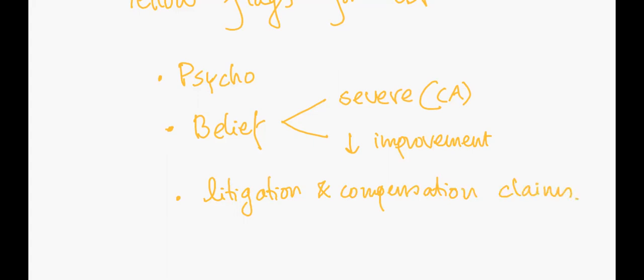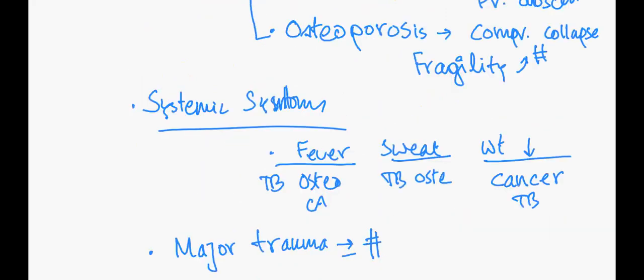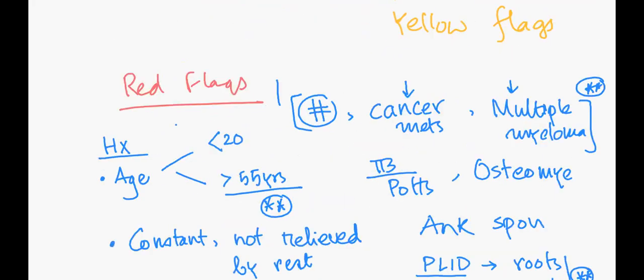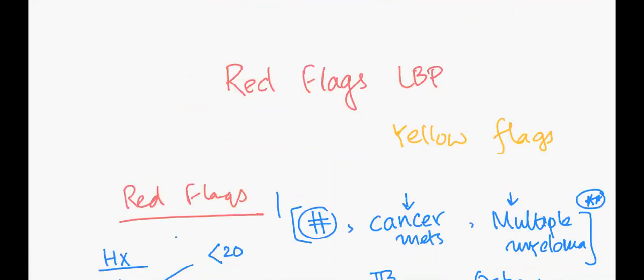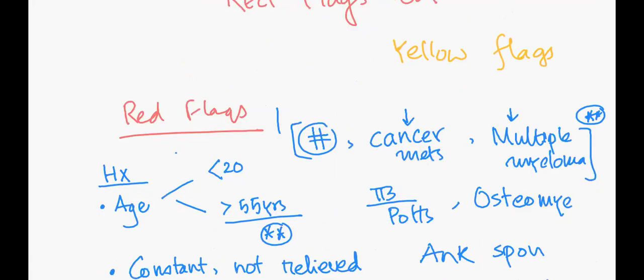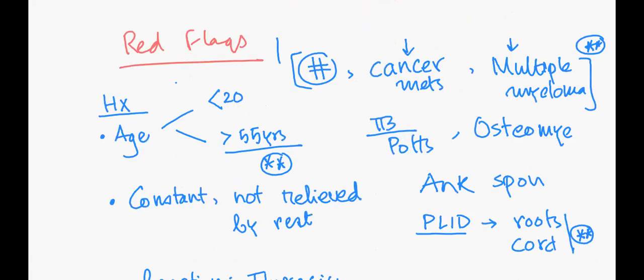Okay, so we have discussed the red flags and we have discussed the yellow flags for low back pain. If we summarize the findings, the red flags usually indicate a sinister disease such as fracture, cancer or metastasis, multiple myeloma, tuberculosis and osteomyelitis.